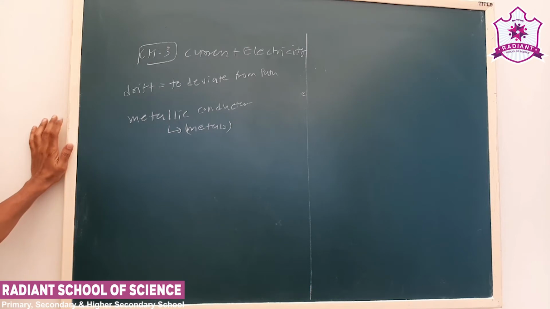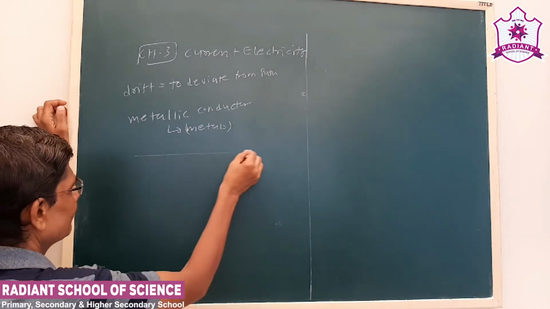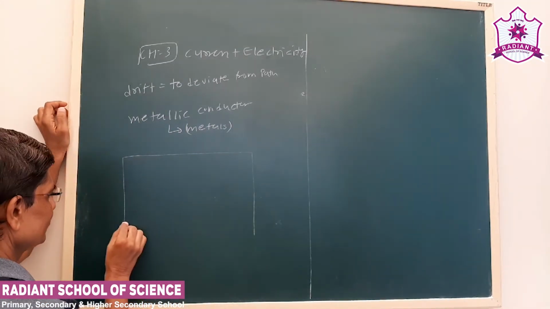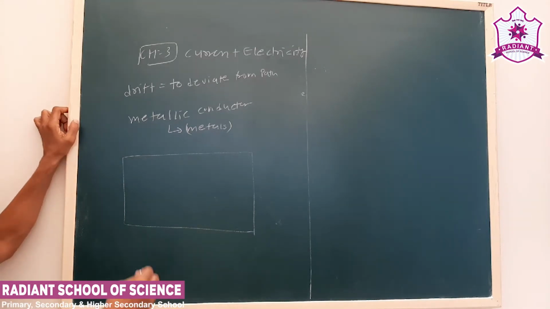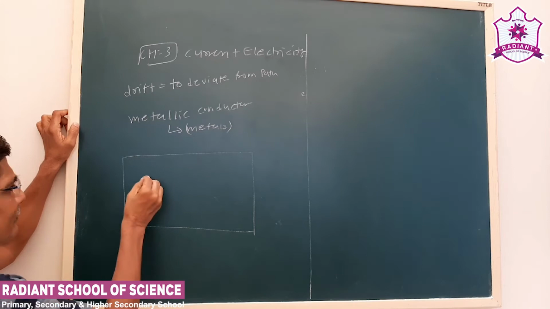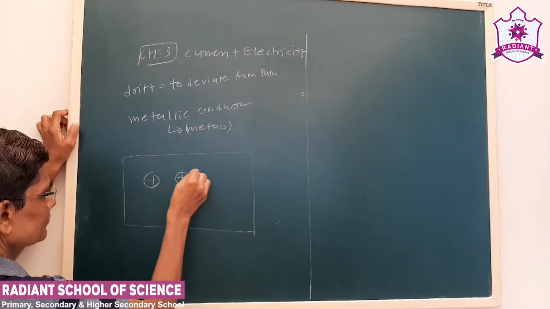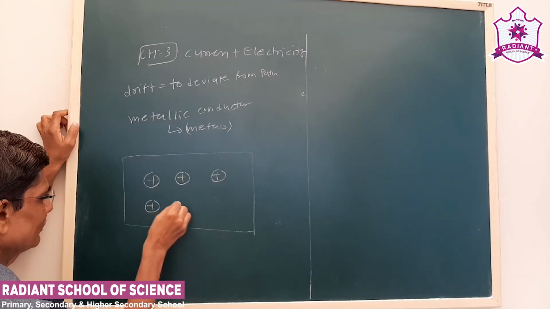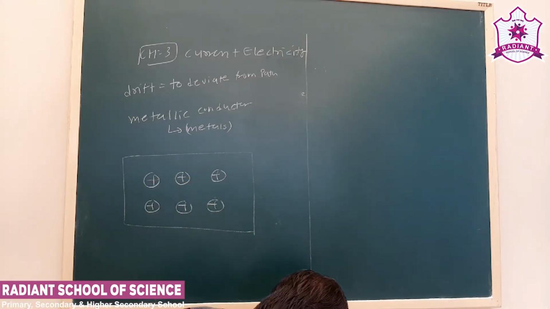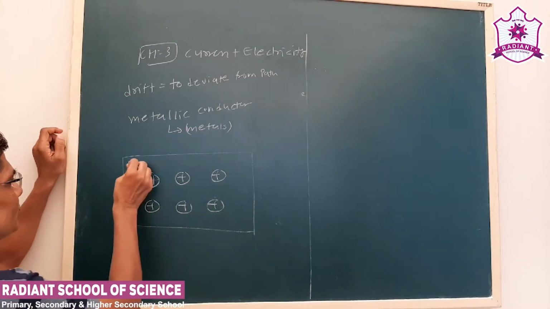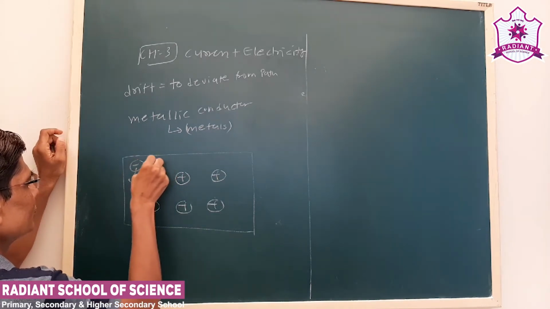Now, we have studied in the 11th standard the structure of metals. Okay. Now, in metals, the positive charge is in a fixed condition, that we call a lattice, and electrons are moving randomly in the space between them. Let us say the electron.